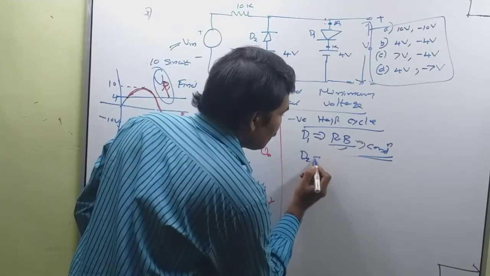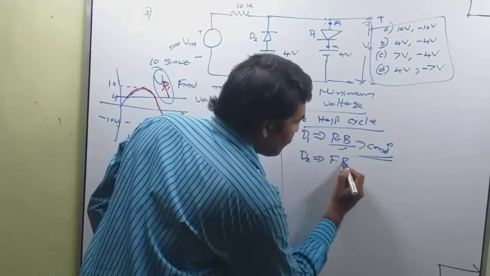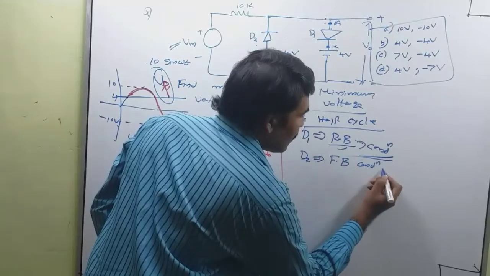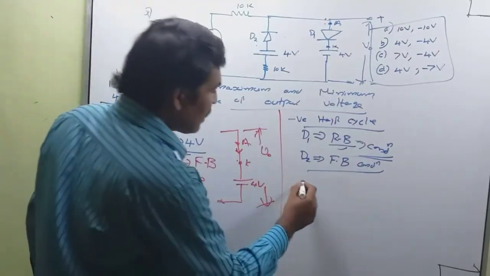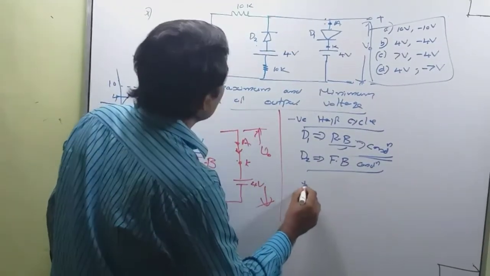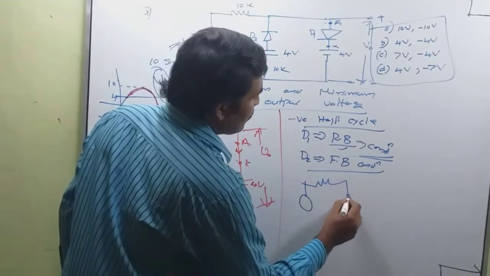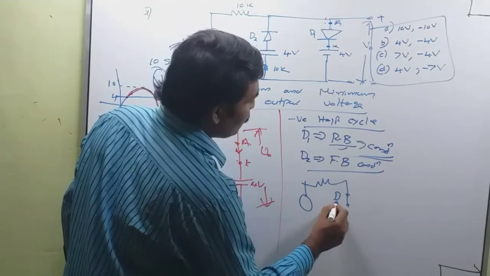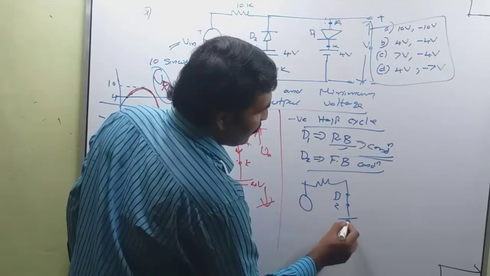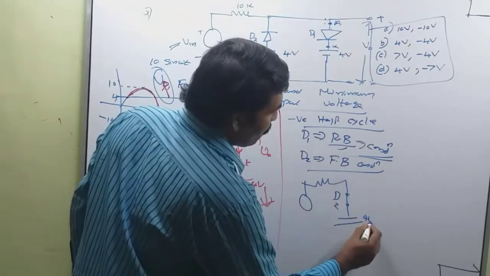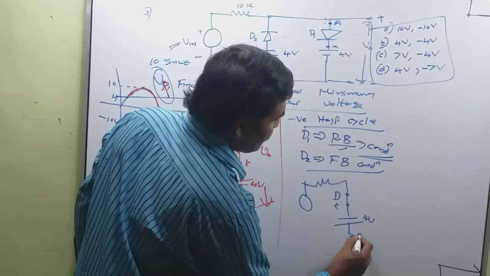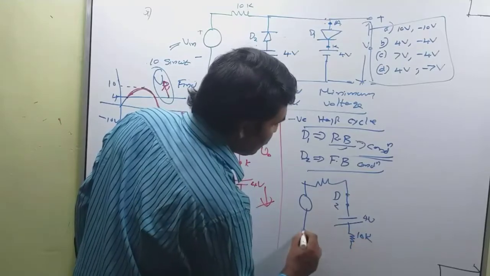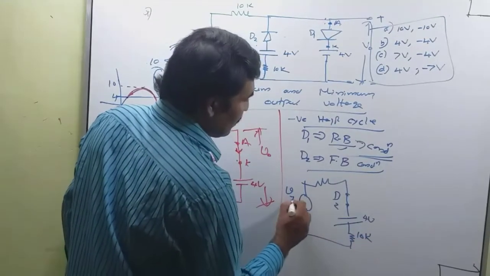D2 is forward biased. So our circuit looks like this: this is our D2, that is closed, and we have 4 volt, 10K, and this is our V input.